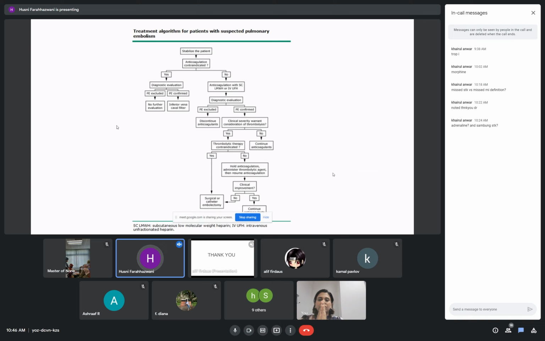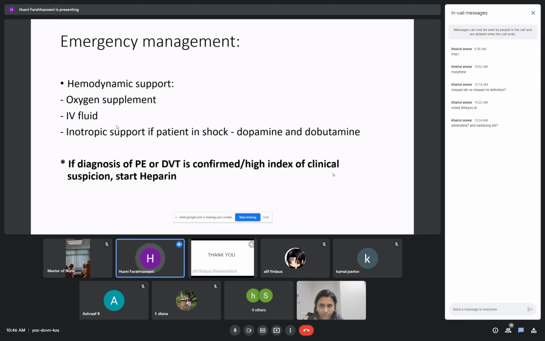If yes, evaluate whether PE is confirmed or not, and then we look at whether the patient needs thrombolytic therapy, indicated or not, and if yes, whether they need surgical or catheter embolectomy if thrombolytic therapy is contraindicated.